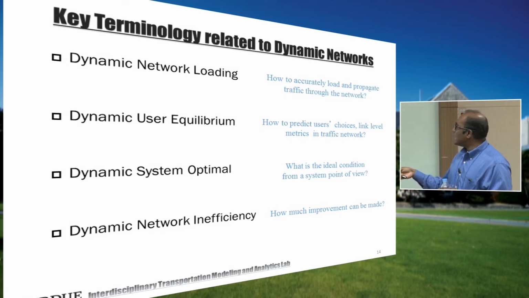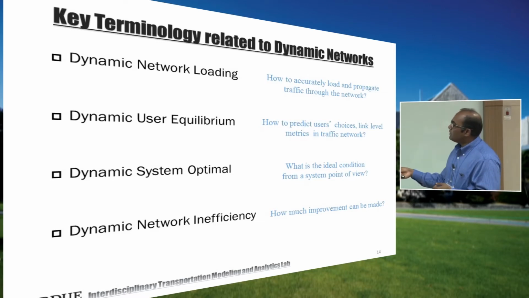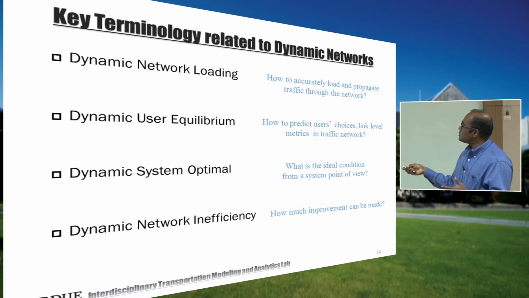So one is this dynamic network loading model. This model represents the interaction between different vehicles on the links and the paths, which tells us the travel time operator, right? Which tells us the cost operator in the network. And once you have that, then you can do the equilibrium on top of that cost operator, which predicts the user choices and the link level travel times.